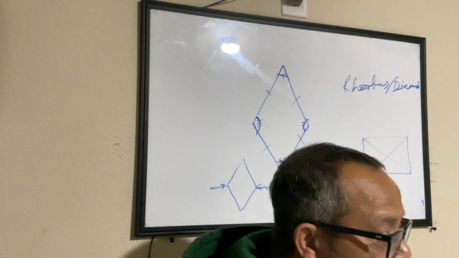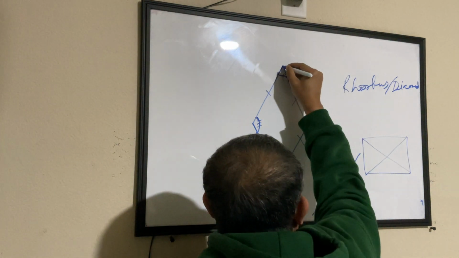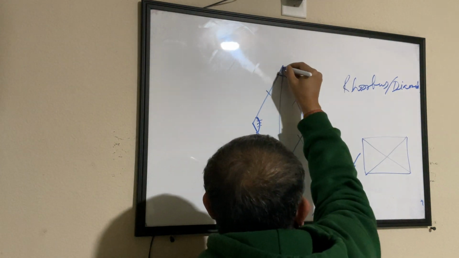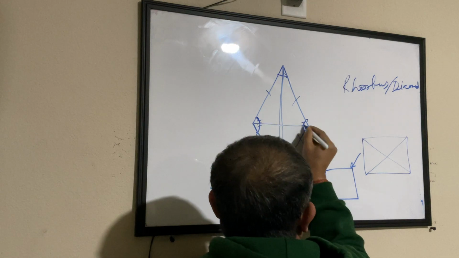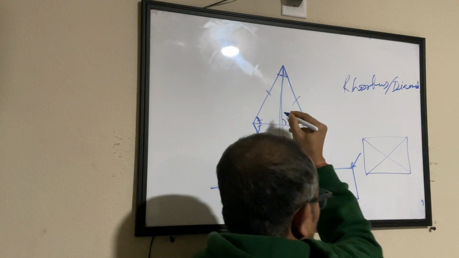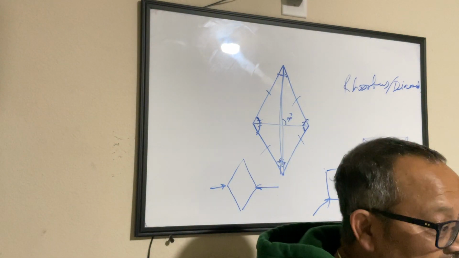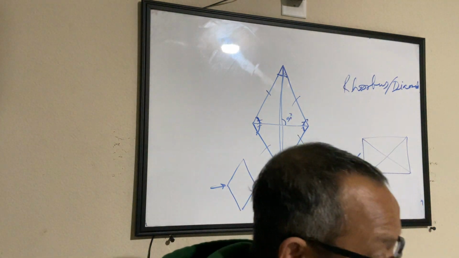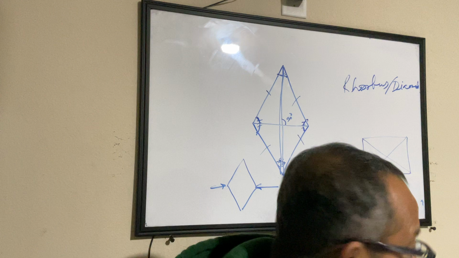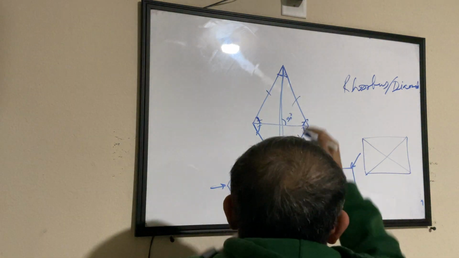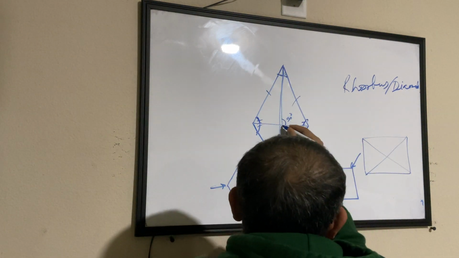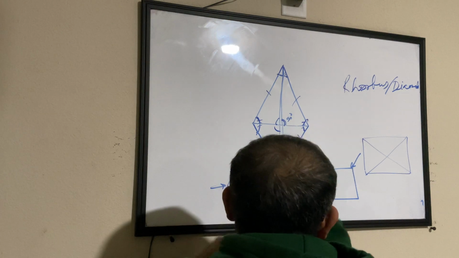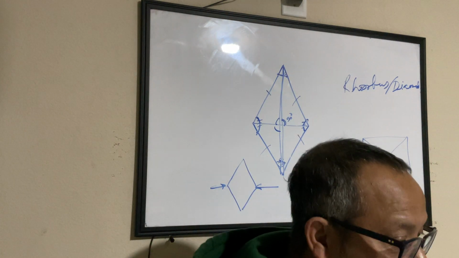Now another property that you might want to be aware of is if you join the opposite vertex, this and this, this and this, they meet at 90 degree. This is another property. Okay. And this will help you find out the area of a rhombus in future. When you join the opposite corners, they meet each other at 90 degree, and these are called diagonals.